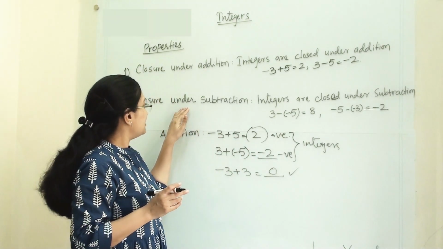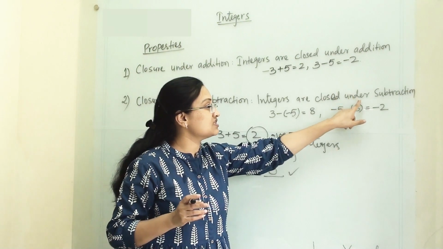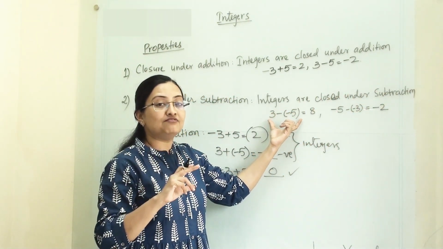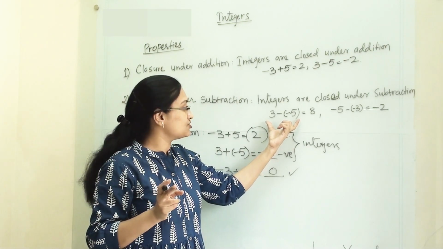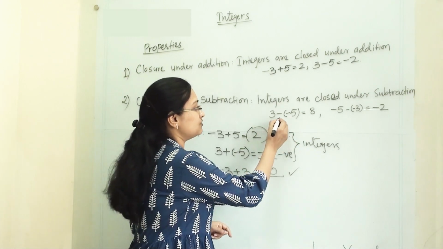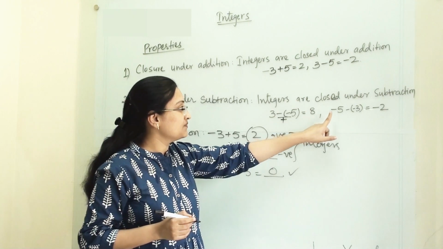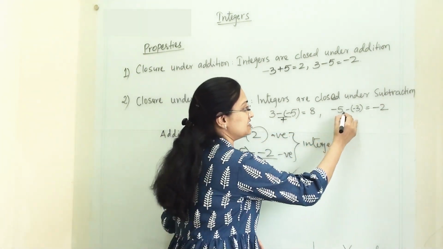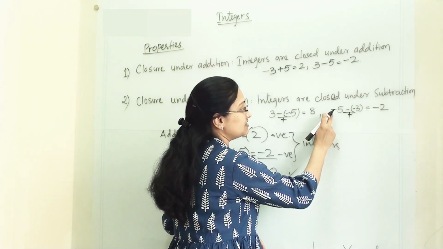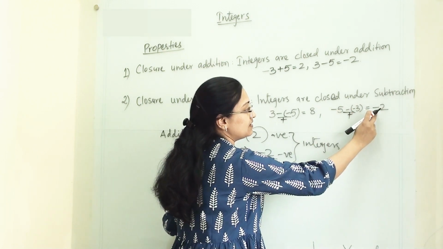Now when we are talking about subtraction, in the same way integers are closed under subtraction. So any way we perform a subtraction operation, take 3 minus -5. Here this will become plus, so we will get 8, a positive number. But if it is -3 minus 5, minus minus will become plus but here the sign is minus, so we will get 2 and it will carry the bigger number's sign.